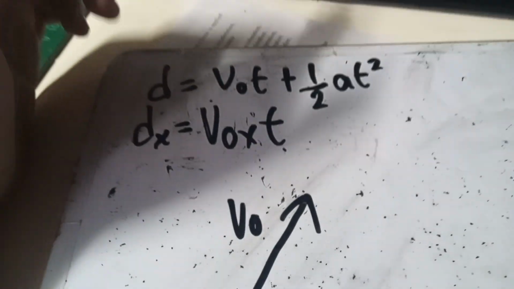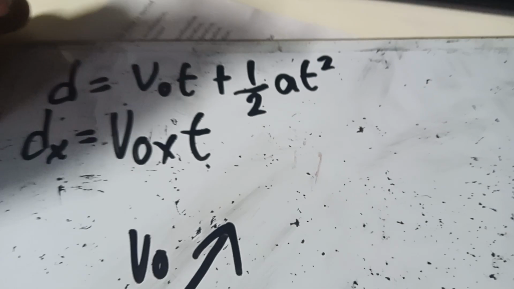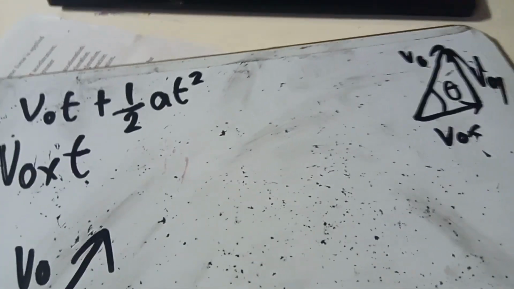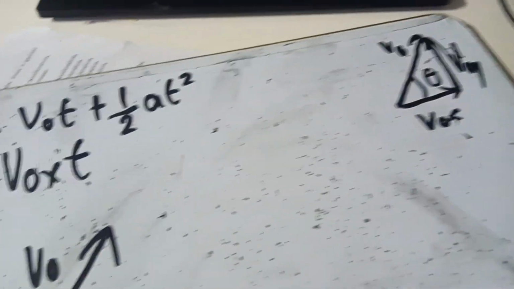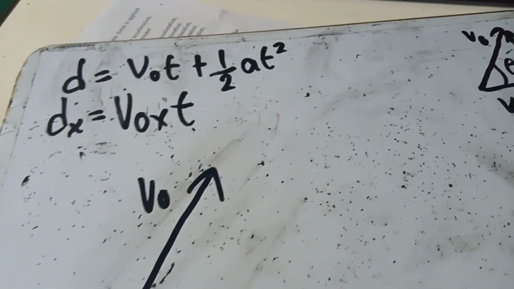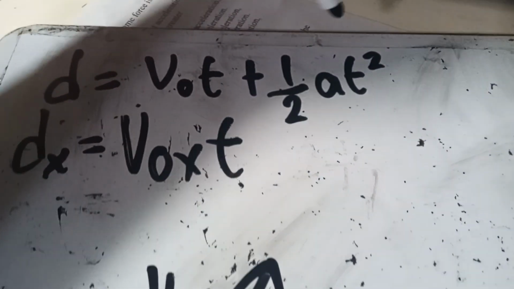And since it is a projectile motion, the acceleration is always zero horizontally, the velocity will stay the same horizontally. So since a is zero, this part will be completely gone.